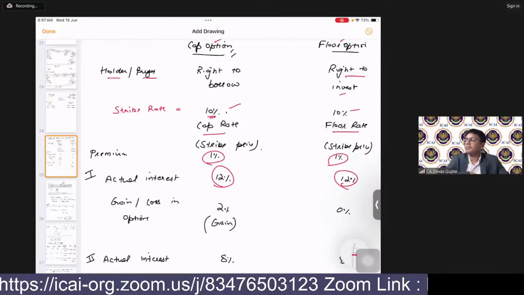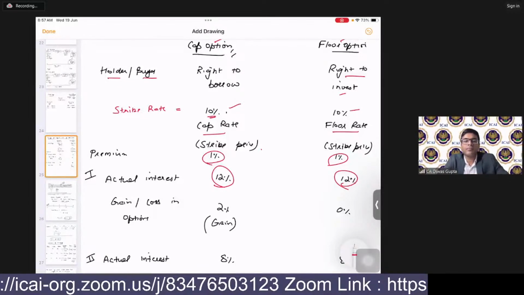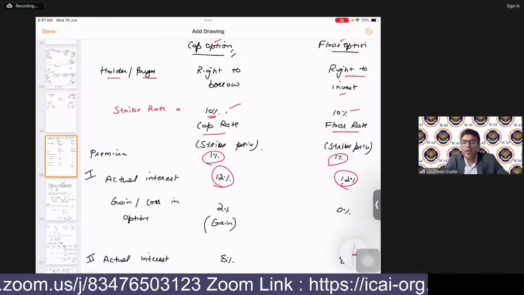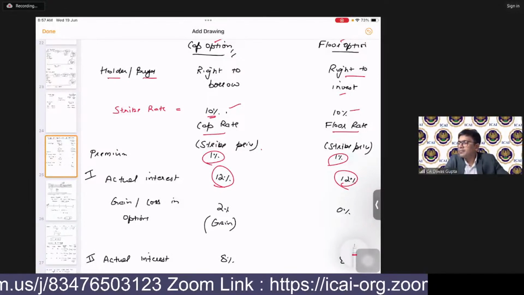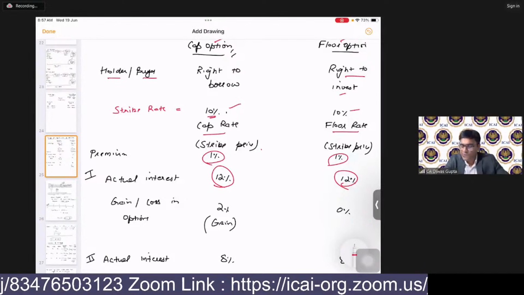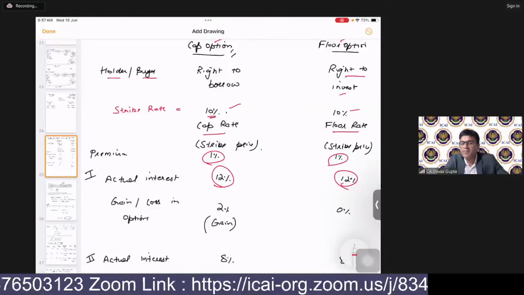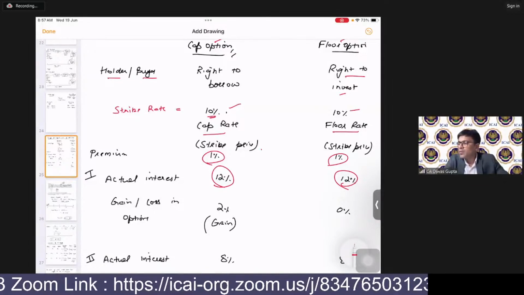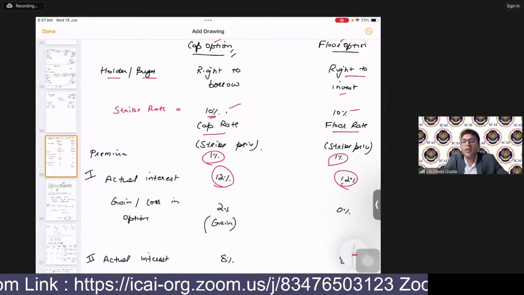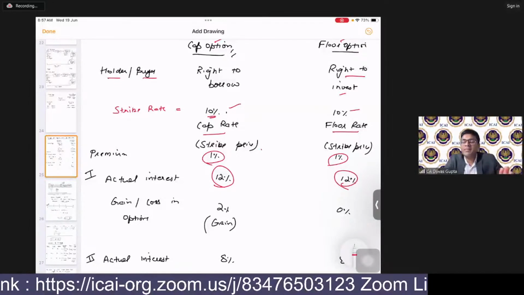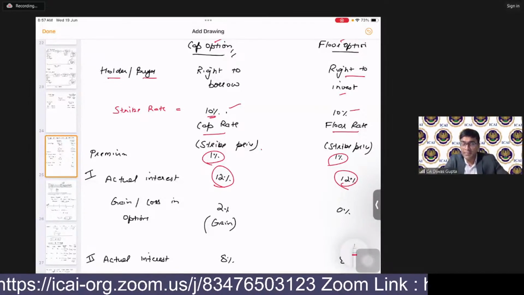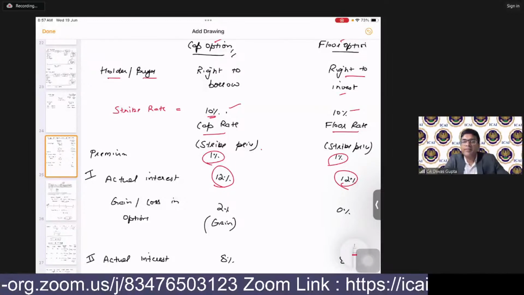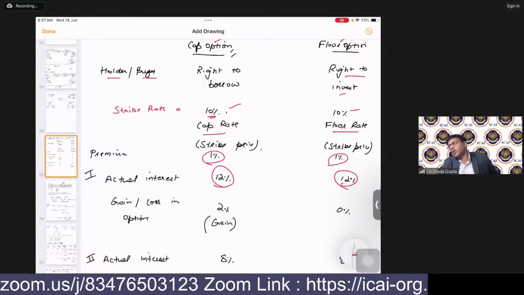Very good. Abrikesh has responded. Abrikesh, you are right. Let me wait for Munish and Viraj also to respond. In case the cap option strike price is 10% and the actual interest rate is 8%, will the instrument become in the money or out of the money?